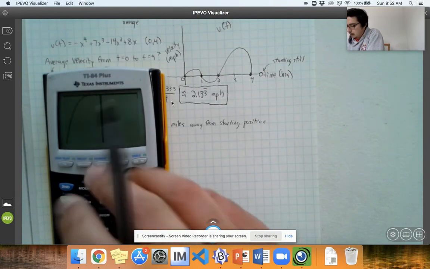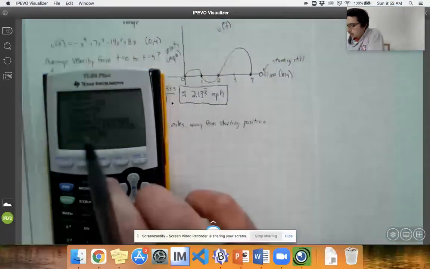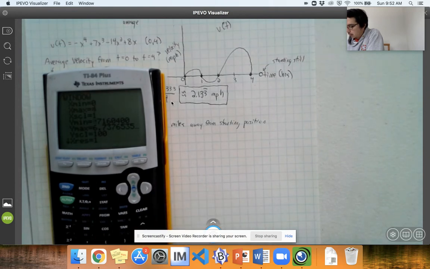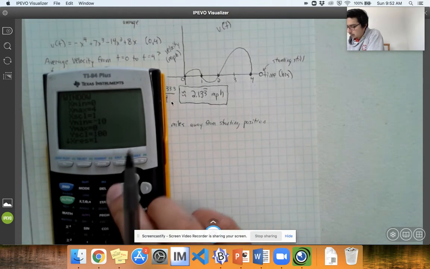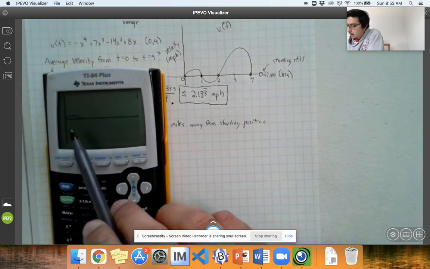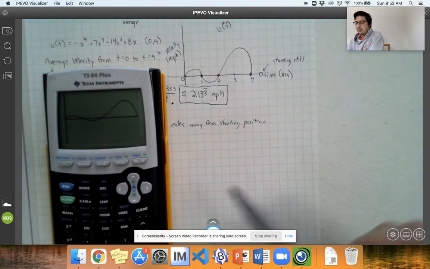That's not what I want to see. Let's change my window here because let's go 0 to 4. I don't know how big. Let's try negative 10, see if that works. Actually don't know what it's going to be here. Good, and yes, as I remember looking at.